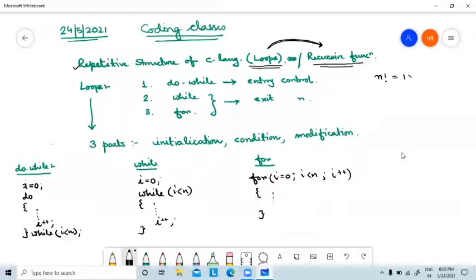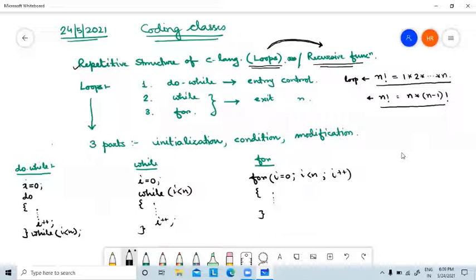One is a continuous multiplication like this, and another is n into n minus 1 factorial. The first type of definition is called an iterative definition, which we can easily solve using some loop structure because it is repeating something. But this type of structure is not iterative, it is called a recursive definition.